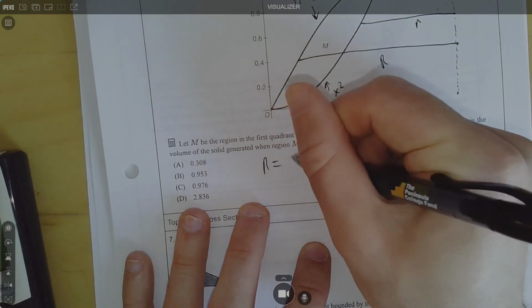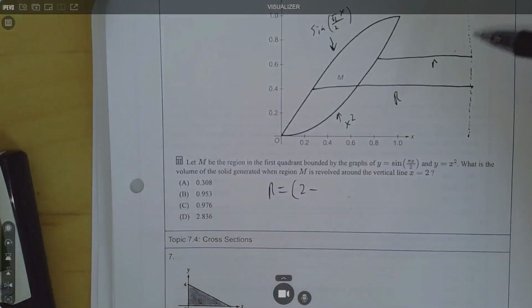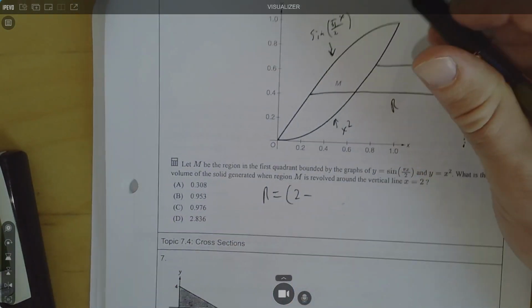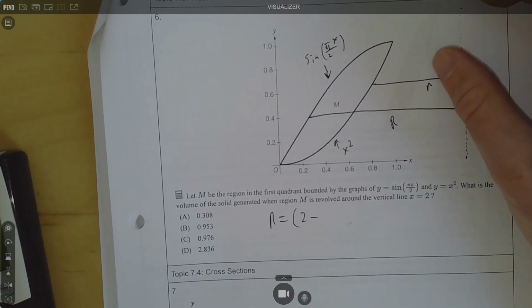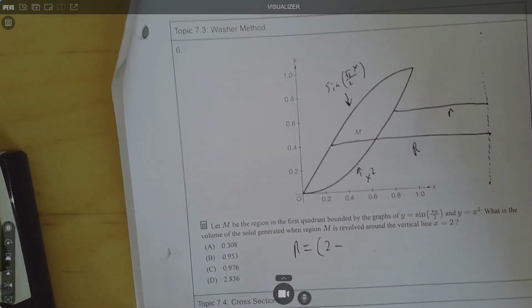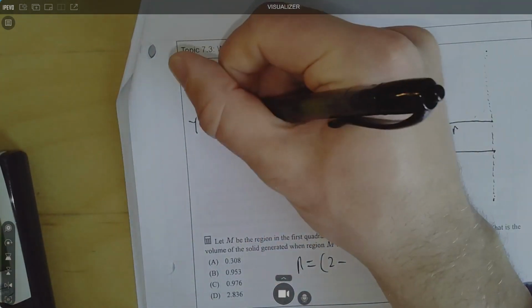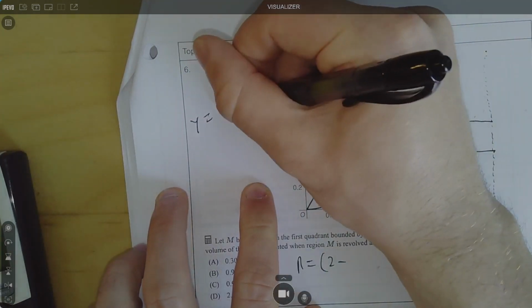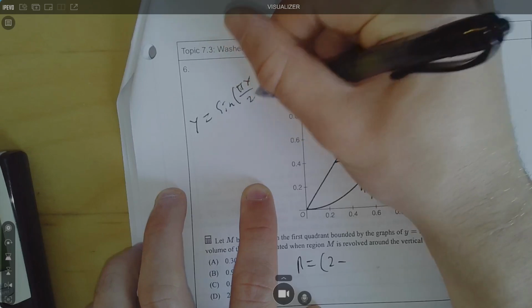So big R is going to be my right, which is 2, minus whatever this is, but I have to write it in terms of y. This is where you're not going to like this. And I didn't, to be honest, as I made this test, I did not see that you were going to have to do this. Y equals sine pi x over 2.